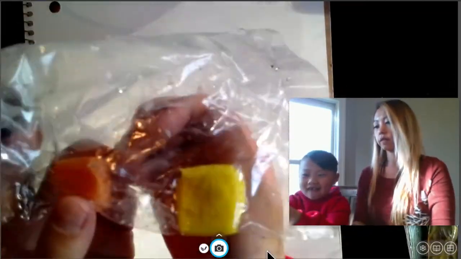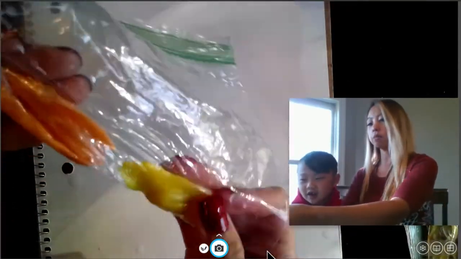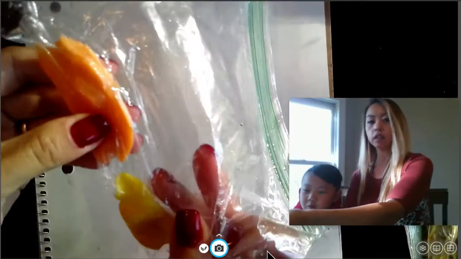Go ahead. Okay, squish it. And did it lose its shape? Okay, don't rip the bag. So the shape is kind of not really there, right? But it's still all together.